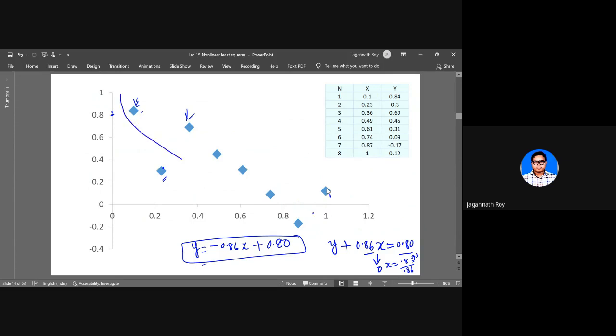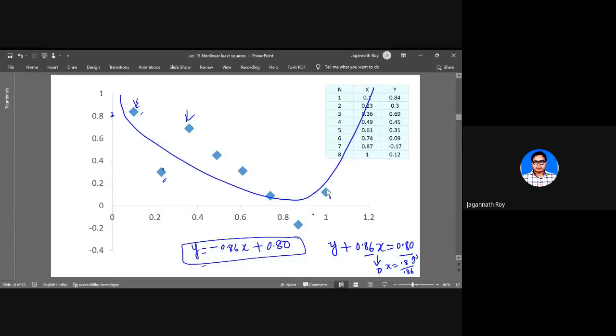Suppose we have this form, we are not needing this part, so this is a very simple case, but we can take a generalized case, a0 plus a1x plus a2 x square.